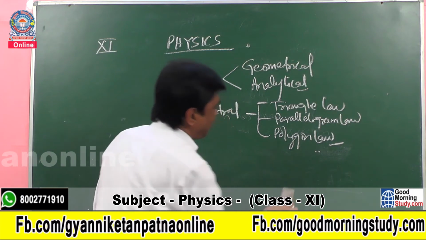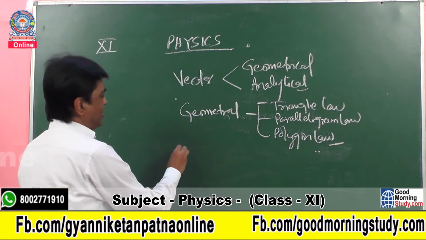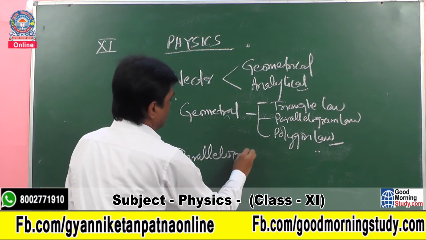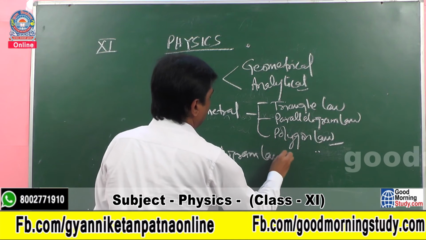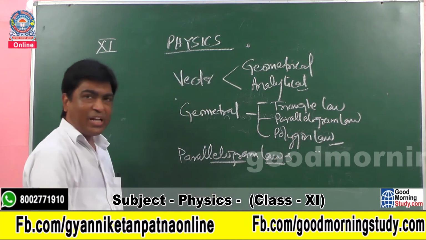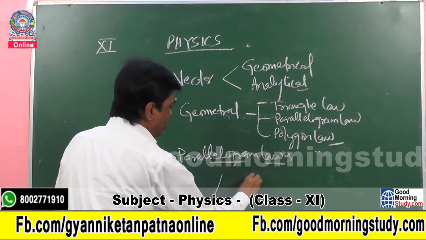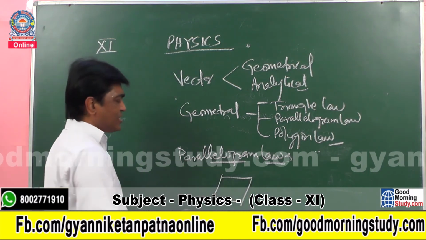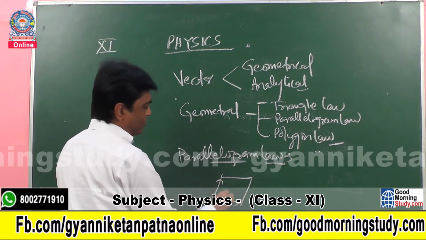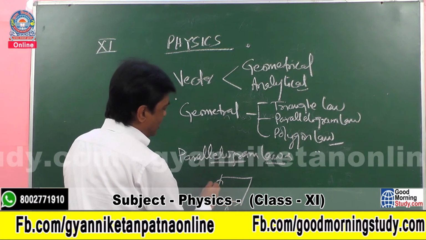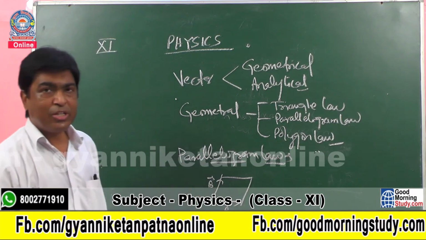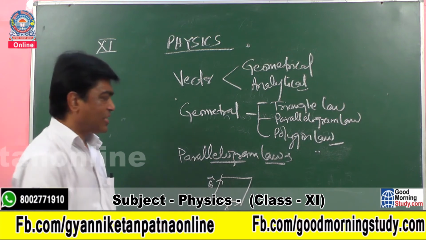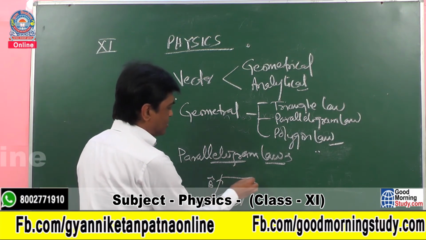Now we will have the parallelogram law. What is parallelogram law? A parallelogram must be there. This is your parallelogram. And the statement is, if two sides of a parallelogram are represented by two vectors, then the diagonal from their intersection will give you the resultant of these two vectors.